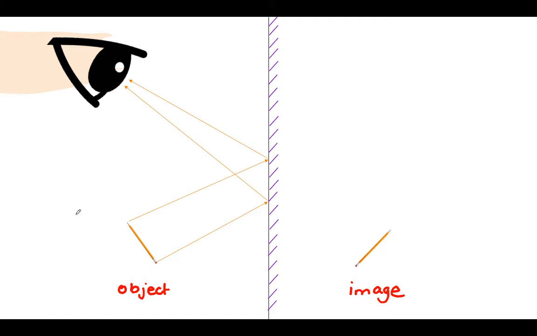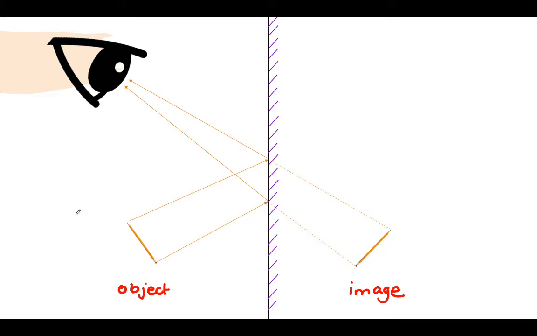So if we're talking about light rays, what's actually traveling are the light rays from the object, and they are being reflected into your eye. That is what the light is doing in this scenario. So what you see there behind the mirror is actually an interpretation from your eye and your brain working together.